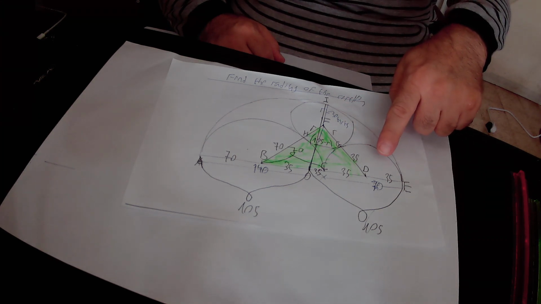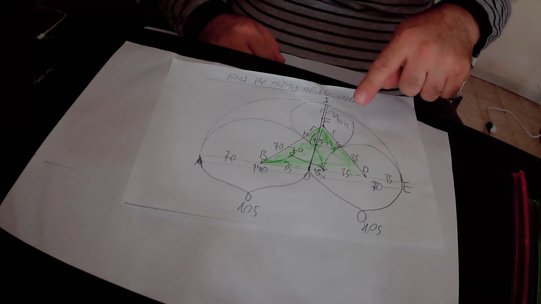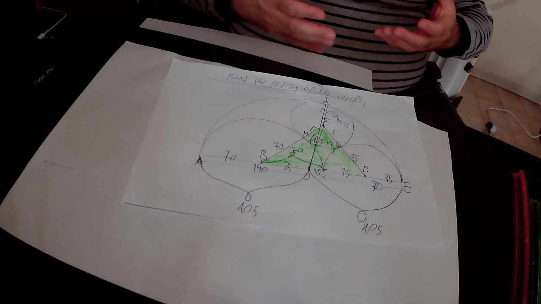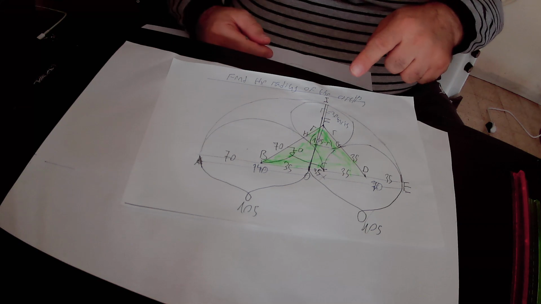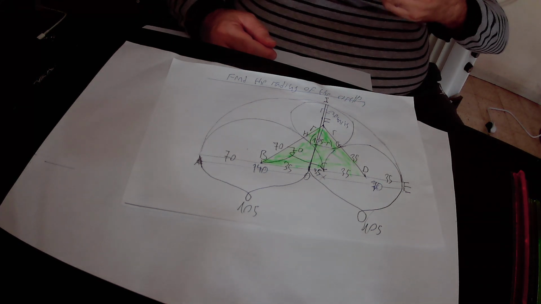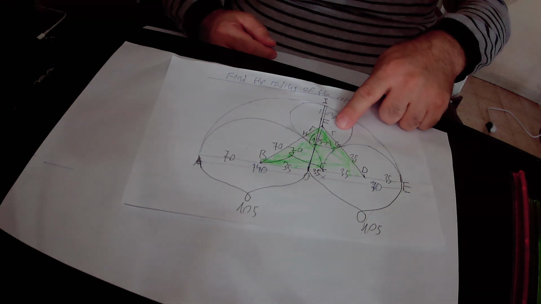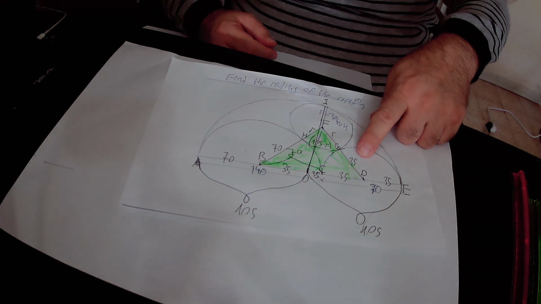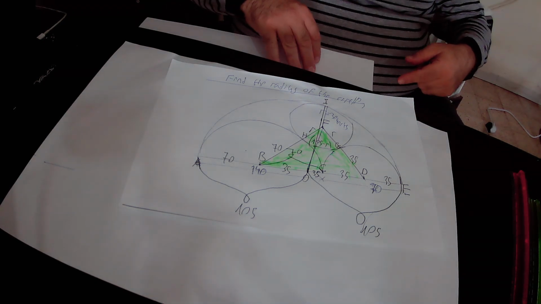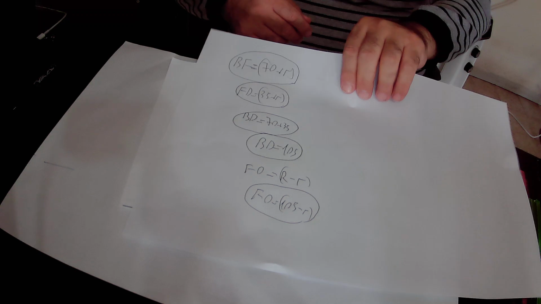This straight line FD must pass through point G. That is to say, FGD is one straight line, and the distance between their centers, that is FD, is the addition of the two radii with each other. The radius of this circle is r, the radius of this circle is 35, and therefore FD equals 35 plus r.